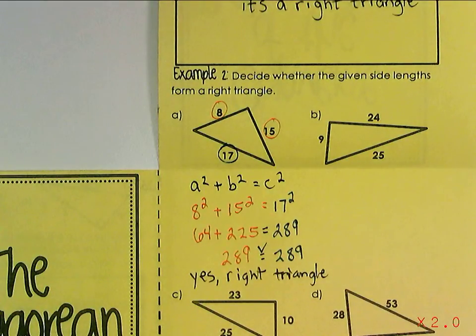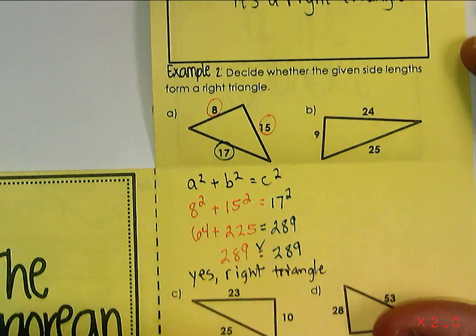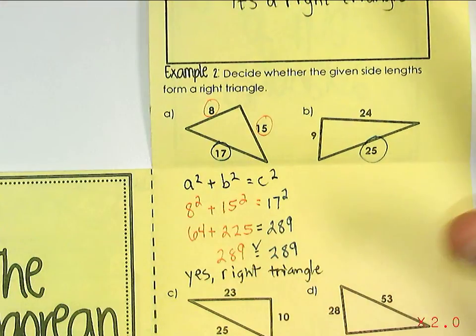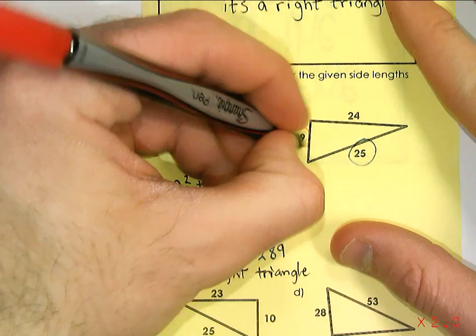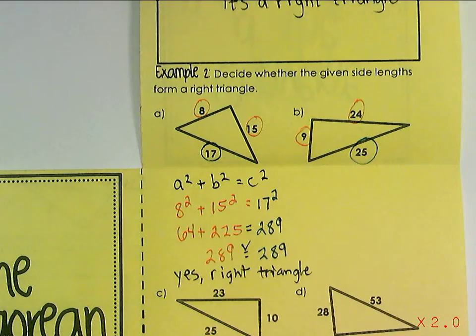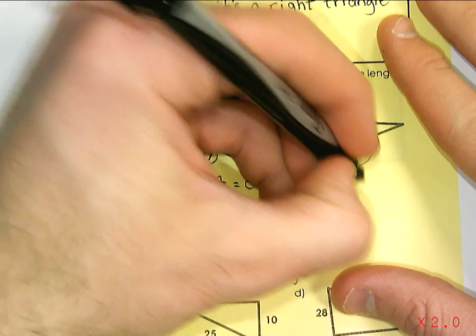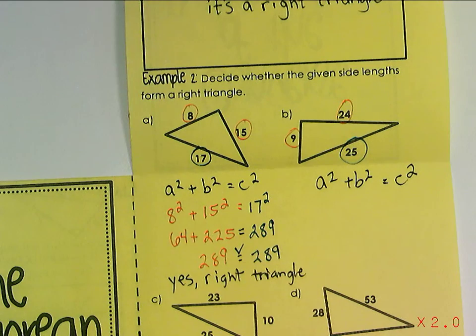Let's do one more with you here. First, let's identify the hypotenuse, which is 25. That's the longest length. 9 and 24 would be our legs. a squared plus b squared equals c squared. Let's put in our legs.